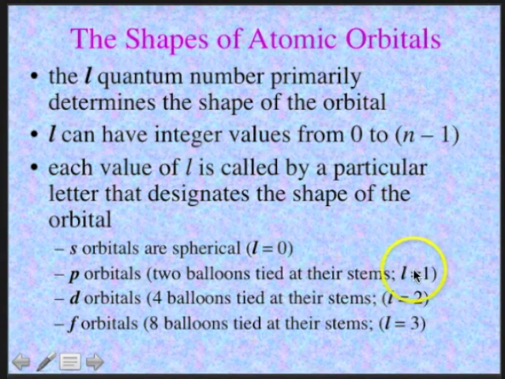When L is 1, we're talking about p orbitals. And the shape resembles 2 balloons tied together at their stems. When L equals 2, we're talking about d orbitals, which resembles 4 balloons tied at their stems. And finally, when L equals 3, we're talking about f orbitals with 8 balloons tied at their stems.